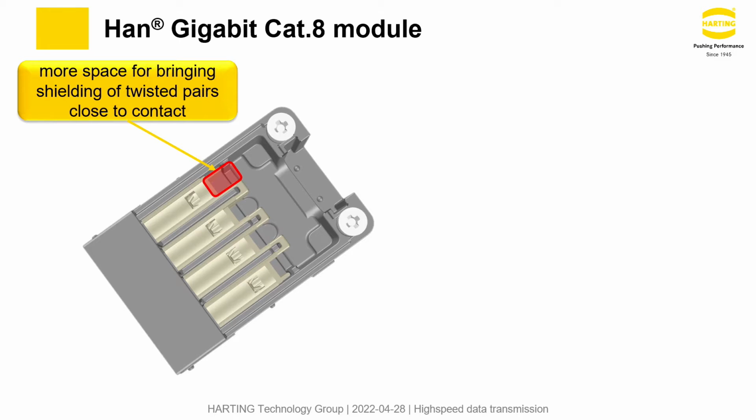This is quite essential to reach the according categories because there are many influences that can influence reaching those categories, and one of the facts is that you have to take the shielding of the twisted pair as close to the contact as possible. This was quite challenging in the existing product, so we took this chance of the new development to give you more space to bring the shielding directly to the contacts.